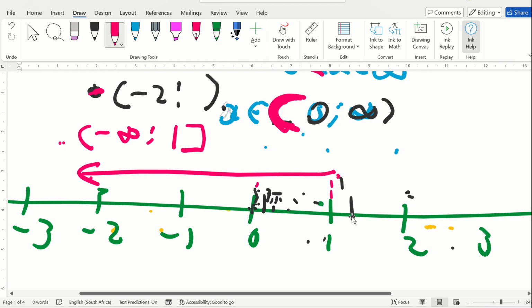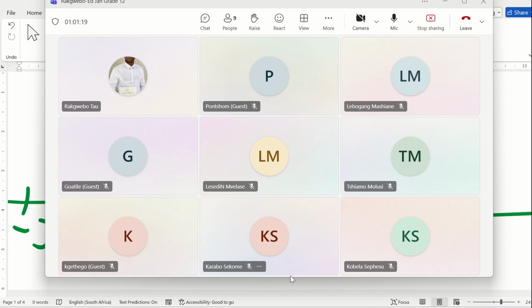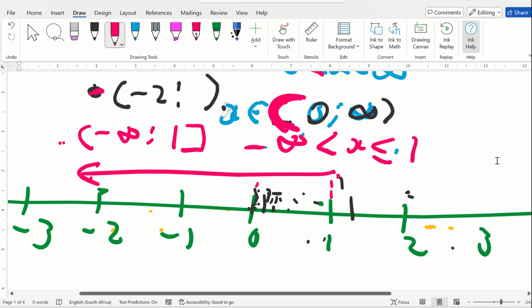Another way to represent that is if you put those things, or if you like, you can go 1. All good? Thumbs up if you're happy. Okay. The whole congregation is happy. I'm glad that you're happy.